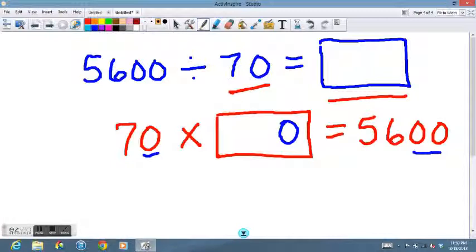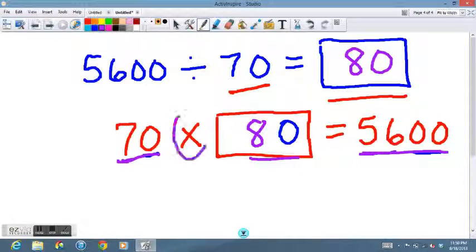And then the other thing that I want to notice is that this number is 56, and I have a 7 here, so I need to have 7 times something equals 56. 7 times 8 is 56. So 70 times 80 is going to equal 5,600. Therefore, if I go up to the previous problem, I know that 5,600 divided by 70 has to equal 80.